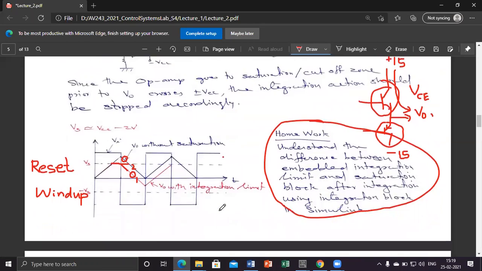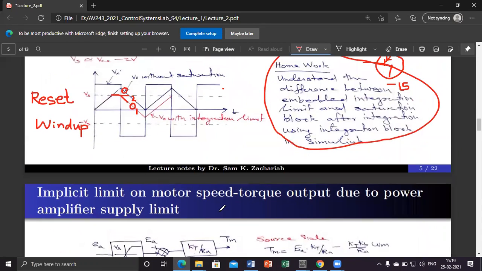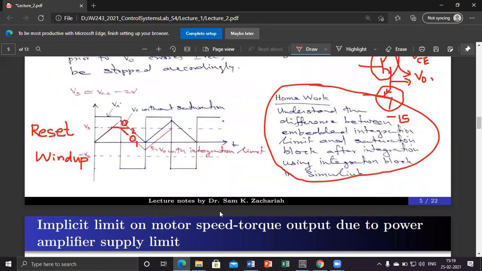Yes, sir. But what if we keep the offset and then give VCC such that it is already offsetted? Like if we need 15 volts as output, then we can give 17 or 18 volts. That is the higher voltage you're telling. Why do you want to use higher voltage? I'm not telling higher voltage.